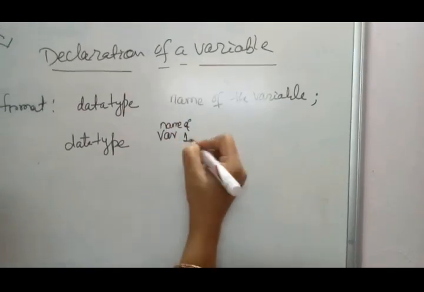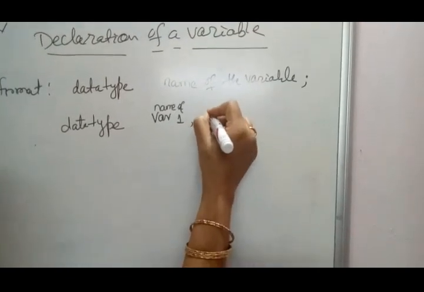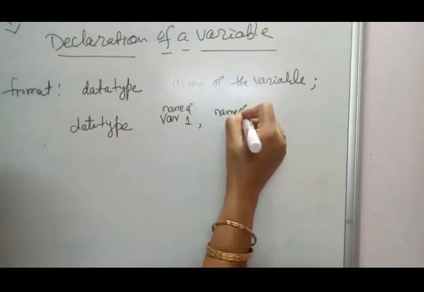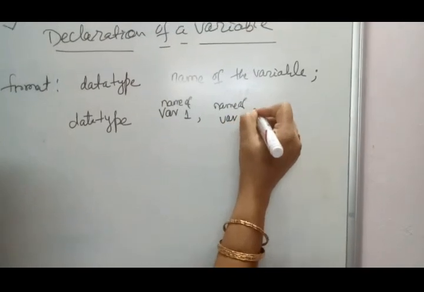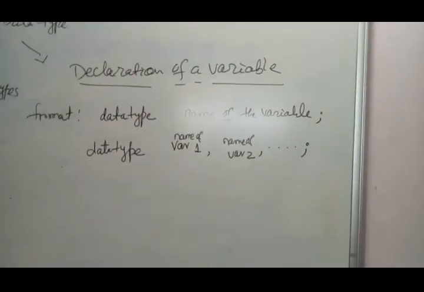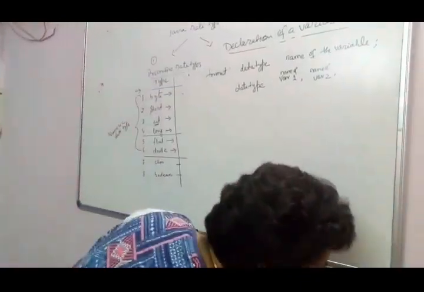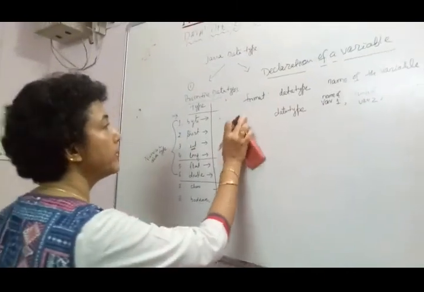Name of variable 1, comma, which is the separator I am using, then name of variable 2, comma, and the list will go on. Finally, end the statement with a semicolon. Let us take an example and understand how to write it.